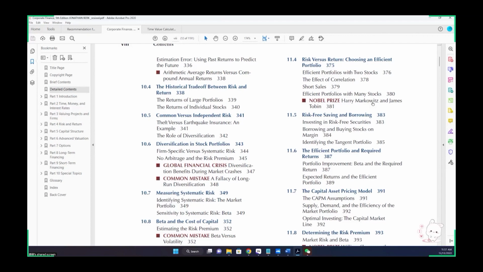Now, given that in theory, all the firm-specific risks can be hedged fully with very low or no cost at all, the CAPM, very commonly used in modeling for pricing risks, focuses on systematic risk only, right?